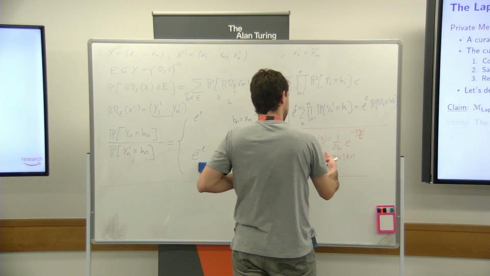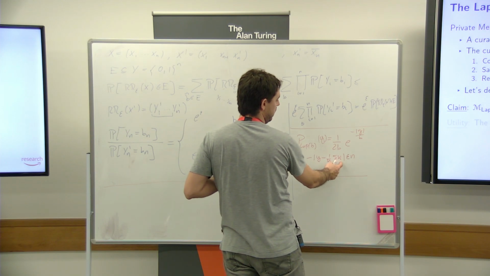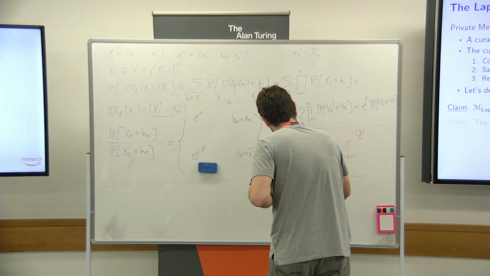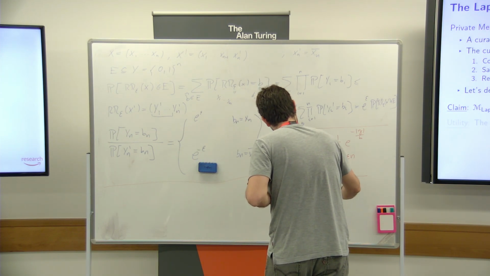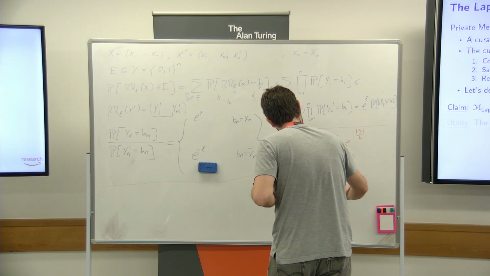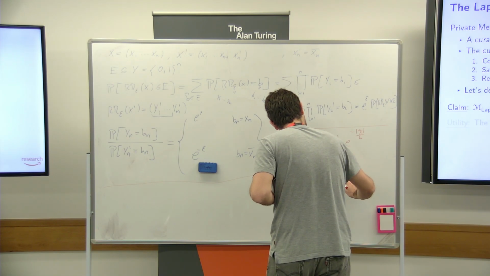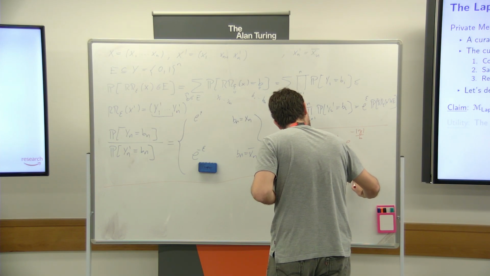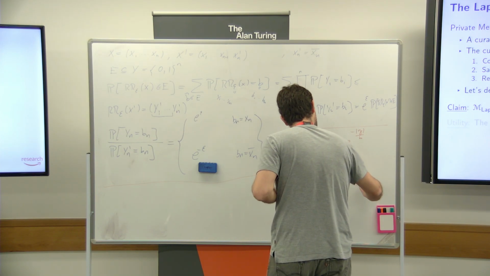And I have to compare what happens when I change one point in the data set, right? So I'll take the quotient with y minus the average of x1 up to xn minus 1, with an xn prime that's going to be different, over the same b.